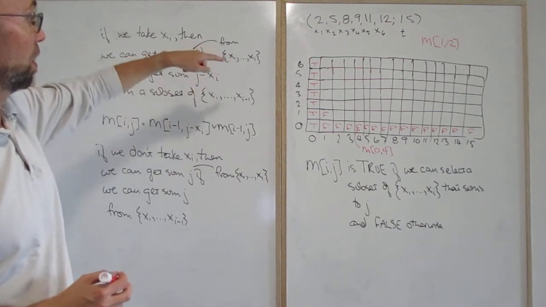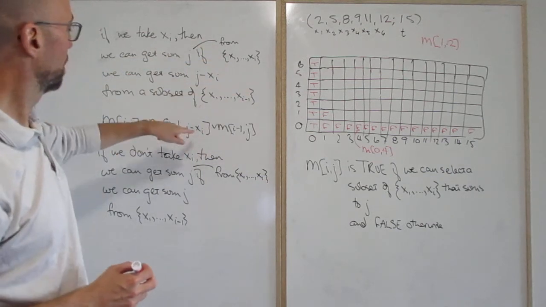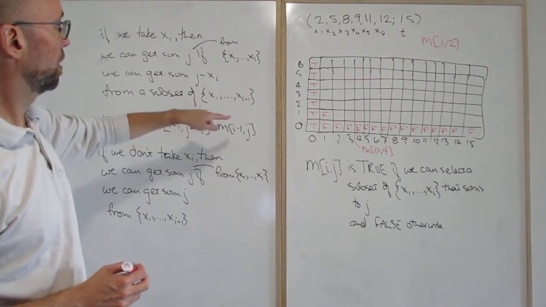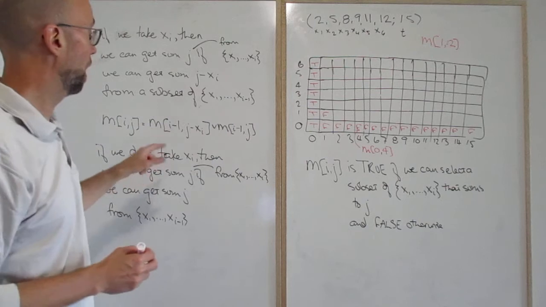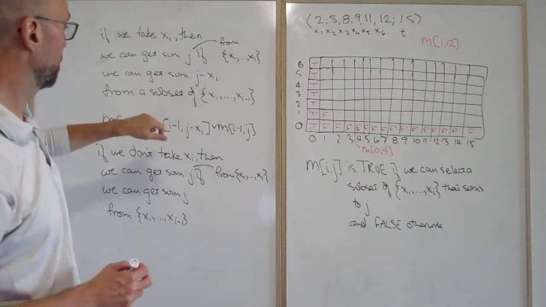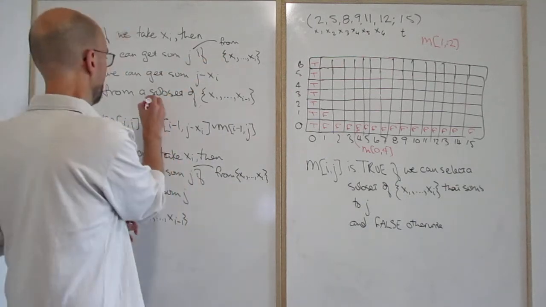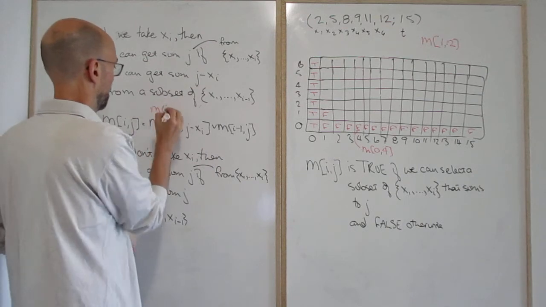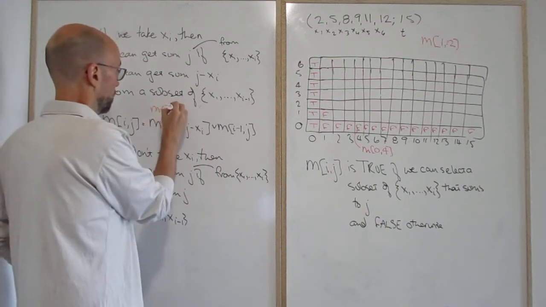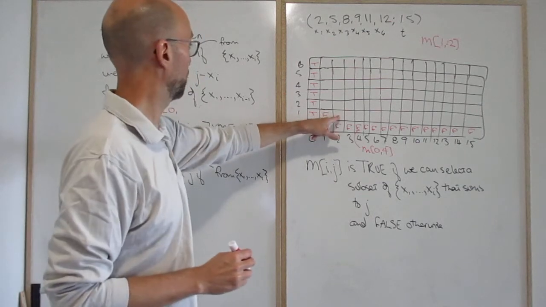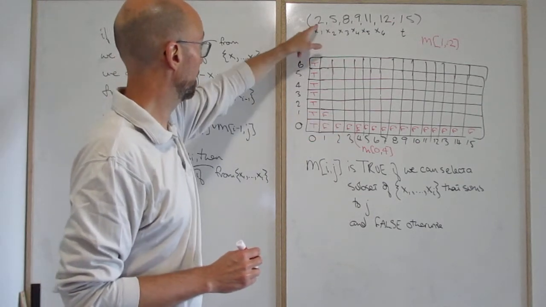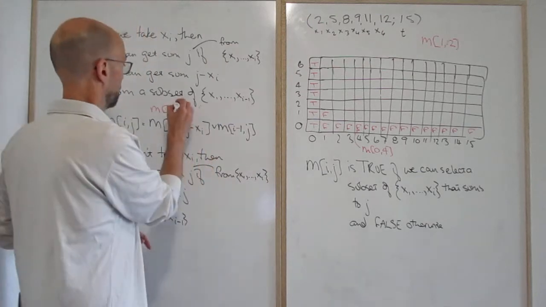Because, no. M1, sorry. Yeah, okay. I is 1, so we're asking about M0 and 2 minus x1 is 0.